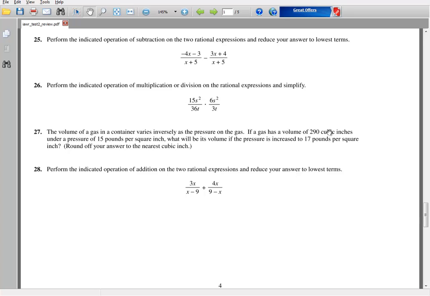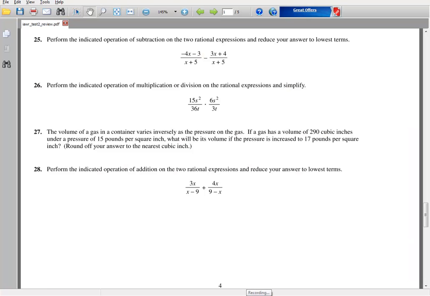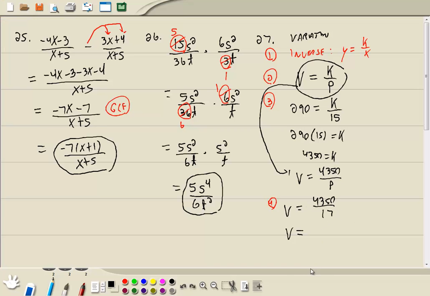Make sure everything matches up. Pounds per square inch, pounds per square inch. So everything matches there, so it's as simple as plugging in a number. And it says round off your answer to the nearest cubic inch. What in the world does that mean? Okay, no decimal places.